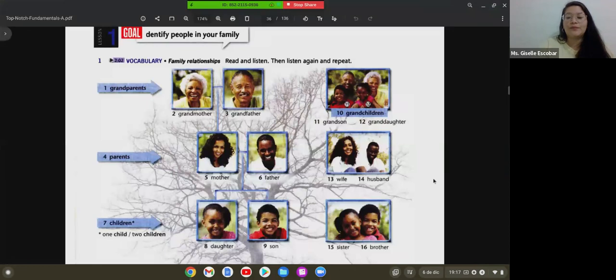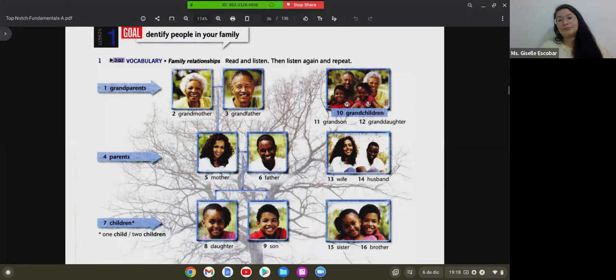Read and listen. 1. Grandparents. 2. Grandmother, 3. grandfather, 4. Parents. 5. mother, 6. father, 7. Children. 8. daughter, 9. son, 10.